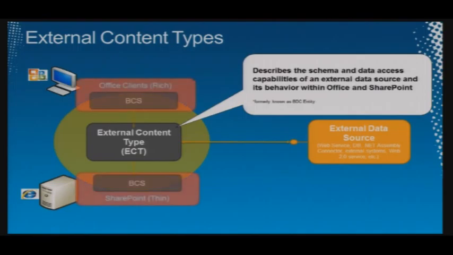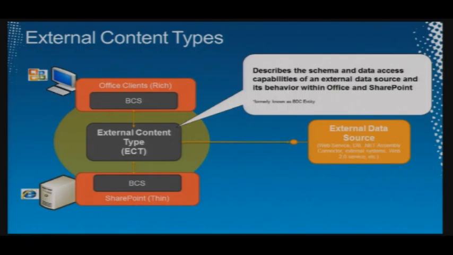Once we have that external content type, BCS can use that connector and it can run not only in SharePoint, so in the online environment, but also down in a variety of the Office clients. So Outlook, Word, and InfoPath can all work with that BCS connector you've written, and the external content type you've defined, to consume that data locally.